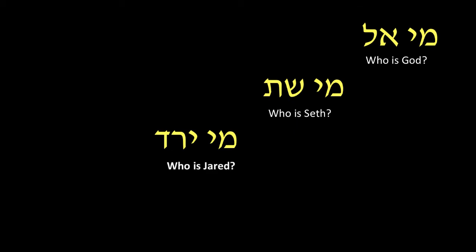Who is Jared? Let's just do one more. And who is Nathan? So this really gives you a chance to practice what you have learned, and you can see how sentences come together in Hebrew. You're really starting to read already.